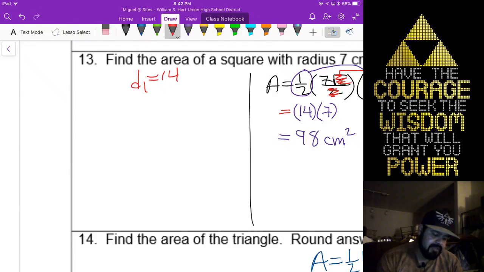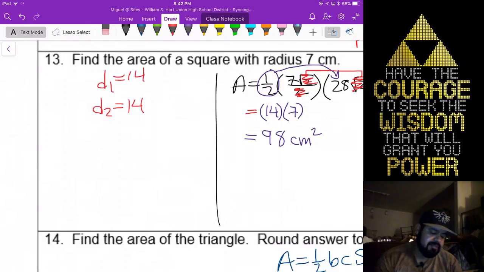If you don't believe me, just remember again that that part is also 7. So then 7 plus 7 is 14. So then area equals 1/2 times 14 times 14, which, oh hey, look, that gives me the same thing. 1/2 of 14 is 7. So 7 times 14, which will give me my 98.